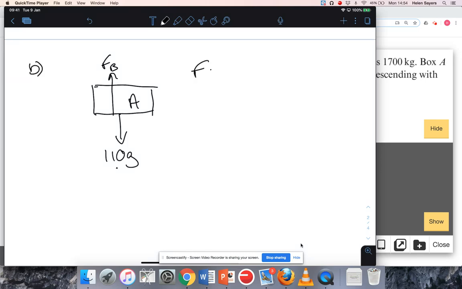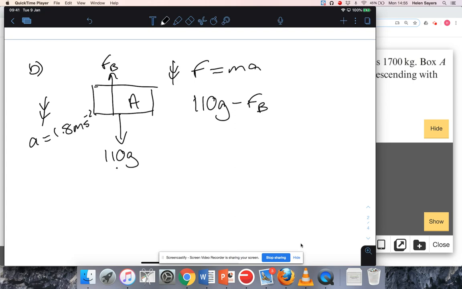So if I use F equals ma on box A, again, I'm going to take down as positive. I know it's accelerating with an acceleration of 1.8 meters a second squared. So downward force is 110 g minus this force due to box B, and that must equal its mass times the acceleration.